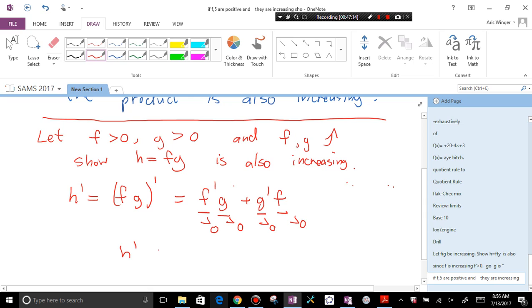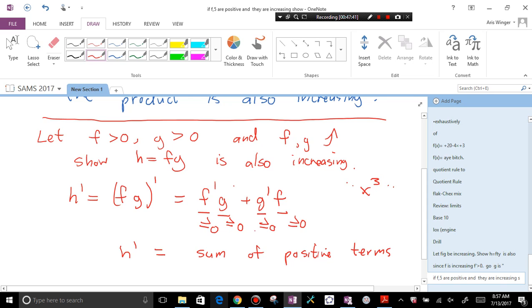That H prime is equal to the sum of positive terms. Now I'm being very lax. These should all have equal signs, greater than or equal to 0. Again, we just remember x cubed is increasing, and it does have a derivative that is 0.